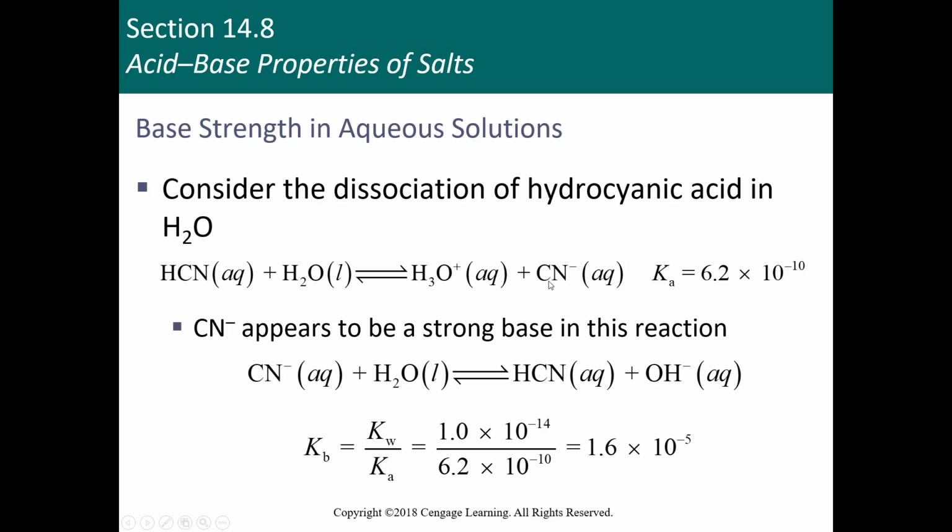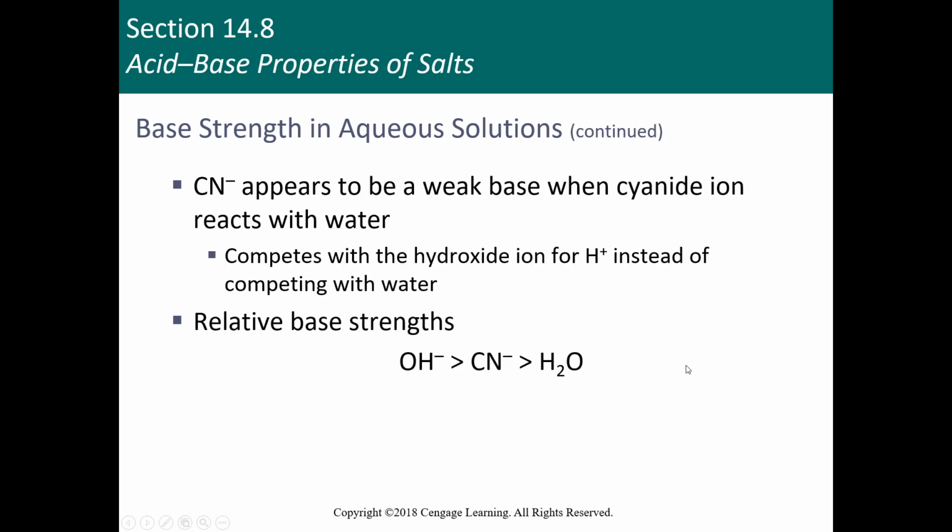And yes, this would be on the stronger side of bases, but OH minus, which is the basic form of water, is much stronger. So OH minus is a stronger base than CN minus. That's actually the cutoff for strong bases. That's the definition of strong bases. And CN minus would be a stronger base than water, which is why HCN is actually an acid.